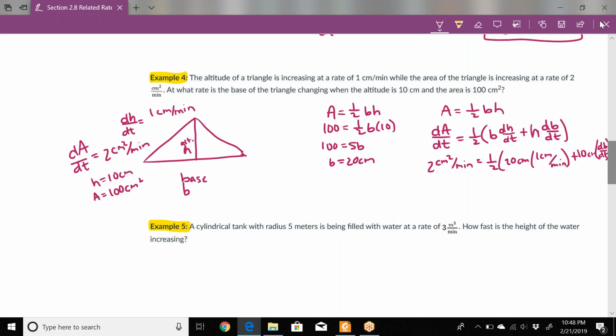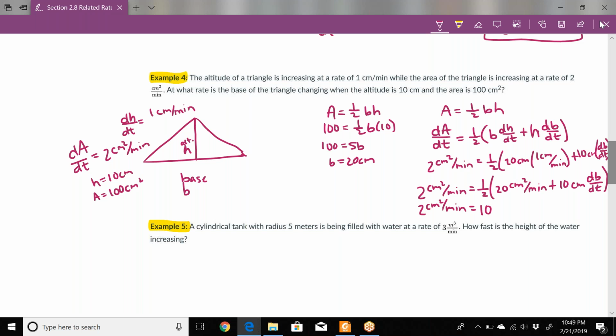So let's work out this. So we have 2 centimeters squared per minute equals 1/2, because that's outside of the parentheses, 20 times 1 is just going to be 20, but it's going to be 20 centimeters squared per minute, plus 10 centimeters dB/dt.